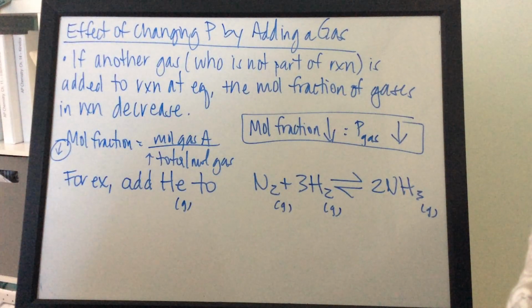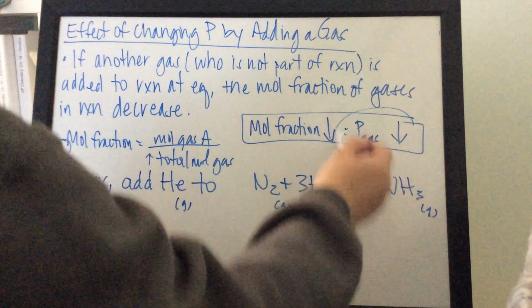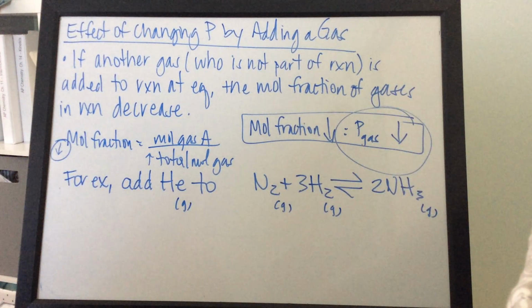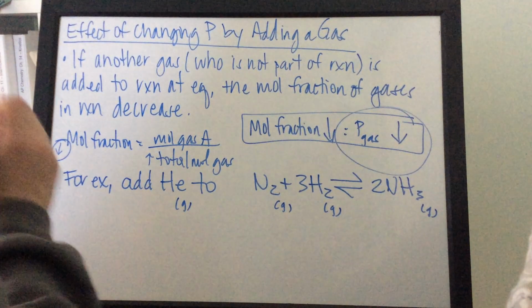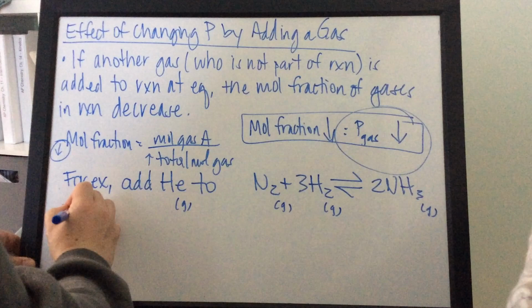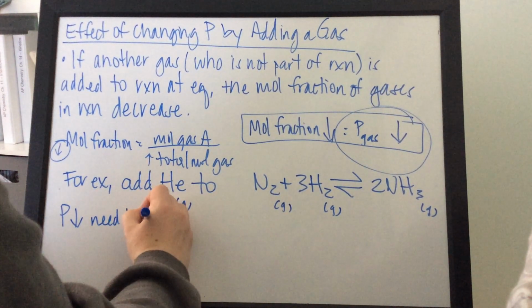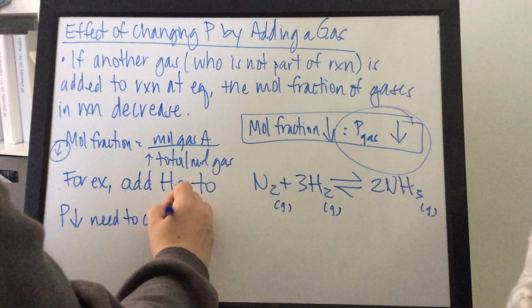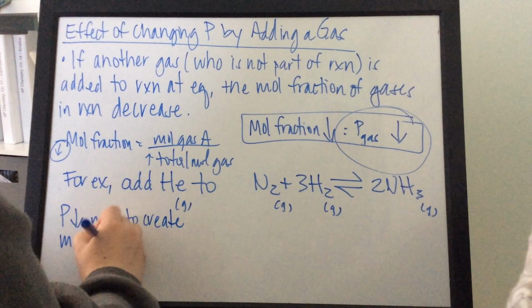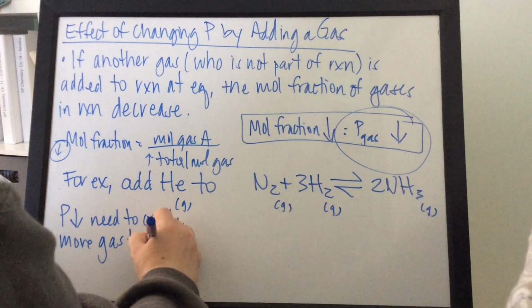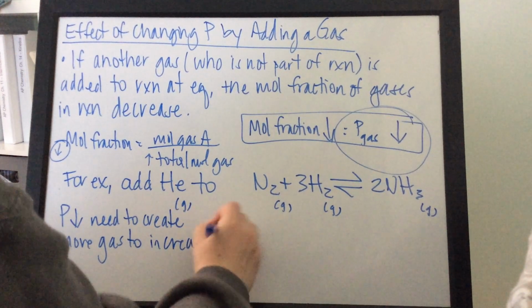And because the mole fractions decrease, their partial pressures decrease, okay, and that's the takeaway. So because I have, again, back to this idea, because my pressure has decreased, I need to increase that. I need to create more gas to increase that pressure back up to where I want it.